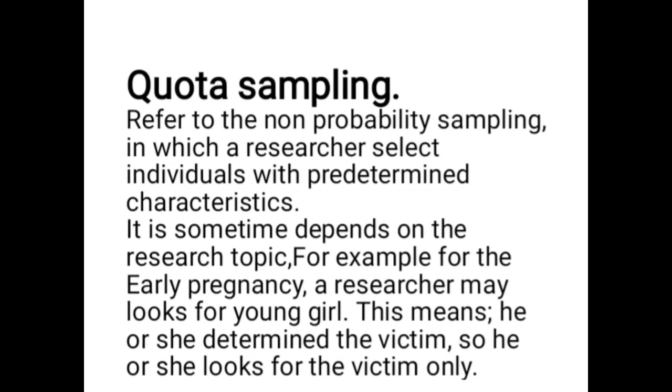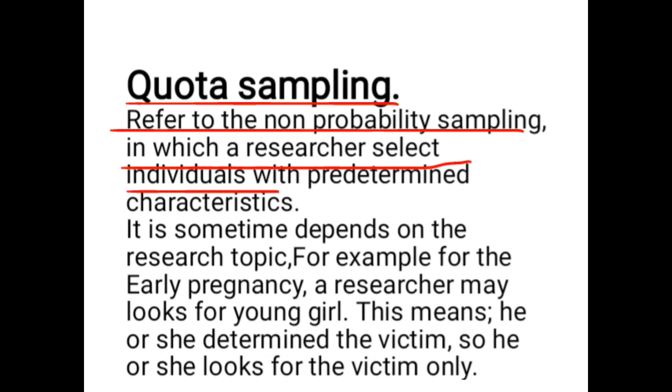completed. Now, another type of non-probability sampling or non-random sampling is quota sampling. What is quota sampling? Quota sampling refers to the non-probability sampling in which a researcher selects individuals with predetermined characteristics.